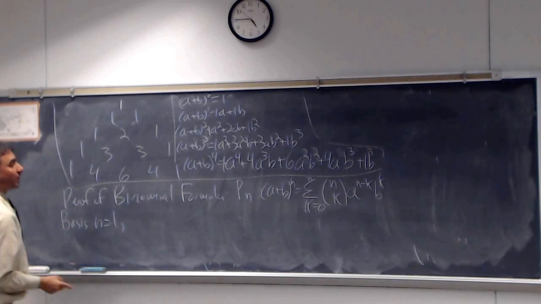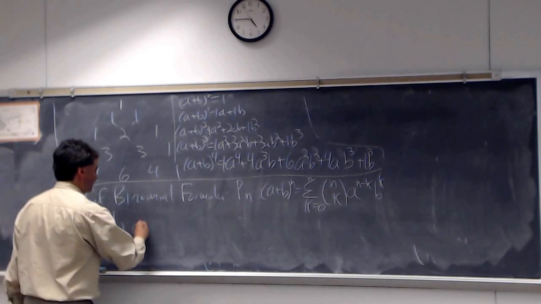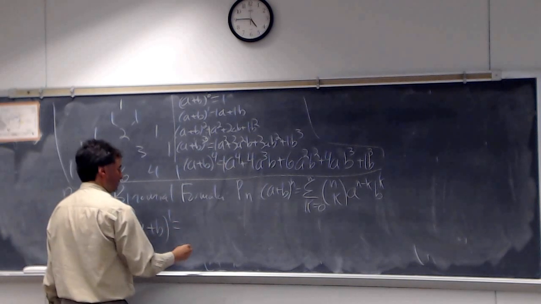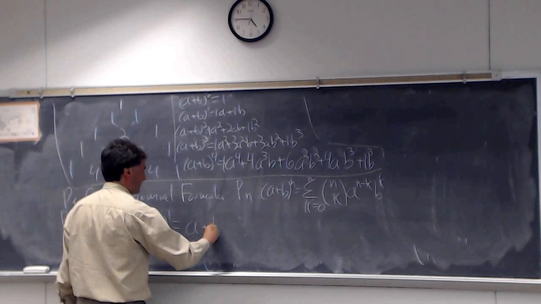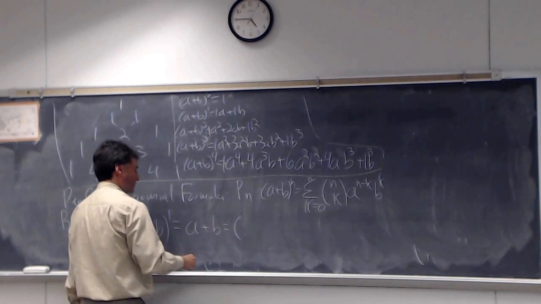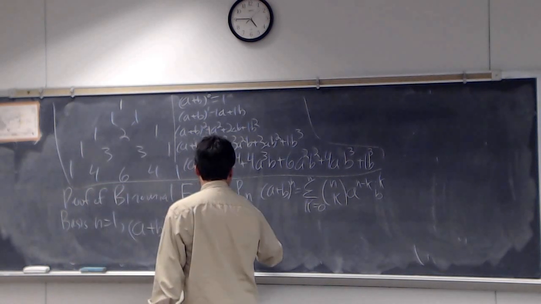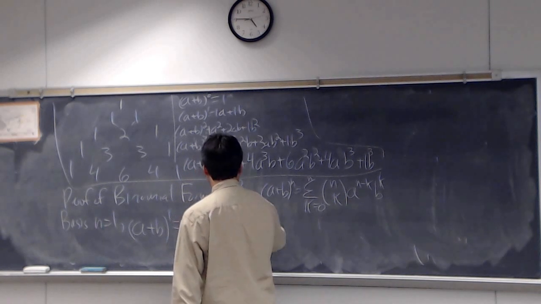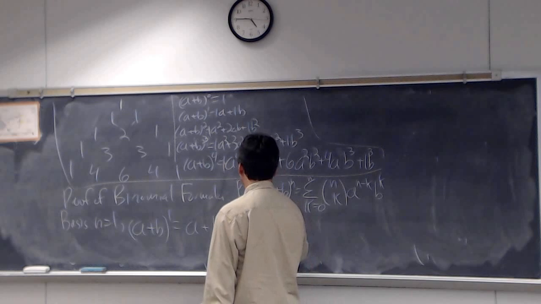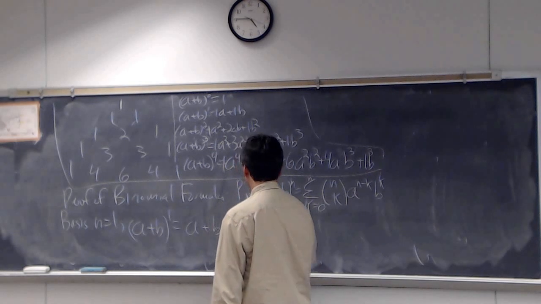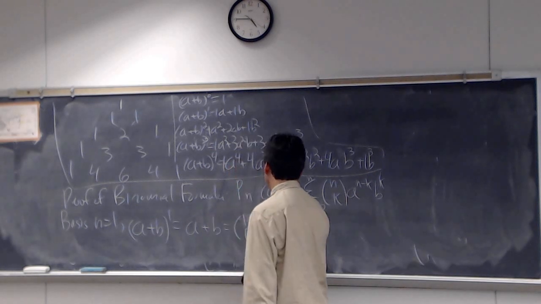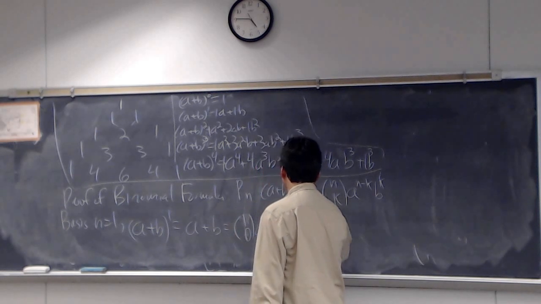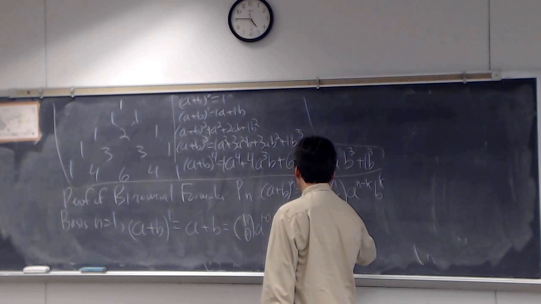So the basis, we can either start at n equals 0 or start at n equals 1. (a+b) to the 1 is just a plus b, which is 1 choose 0, a to the 1 minus 0, b to the 0, plus 1 choose 1, a to the 1 minus 1, b to the 1.